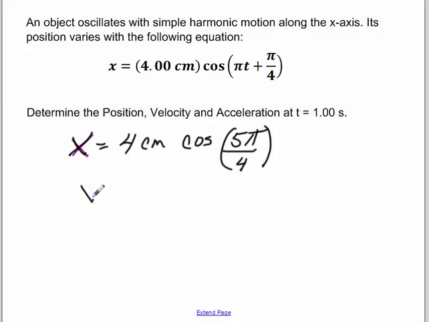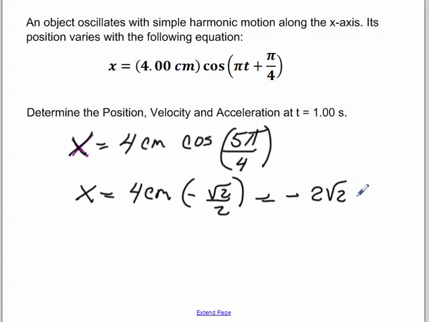So we could say the position is going to equal 4 centimeters times negative square root of 2 over 2. That's going to give me a value of negative 2 square root of 2 centimeters. That would be my position at 1 second.